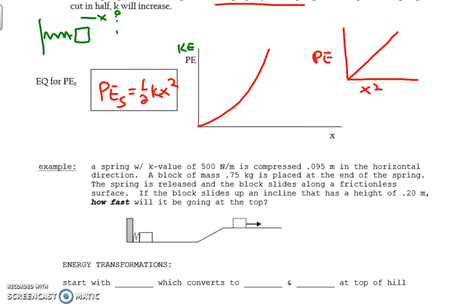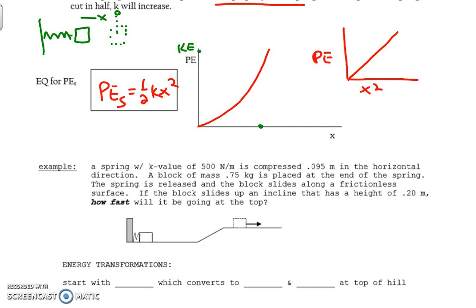Then we release it, and the spring goes back toward 0. So we have 0 kinetic energy when we're at the full x. And when we release it and x approaches 0 again, we're going to have maximum kinetic energy.